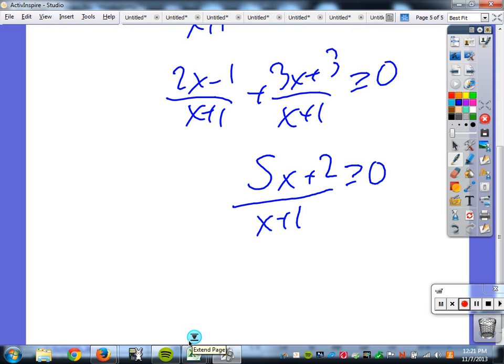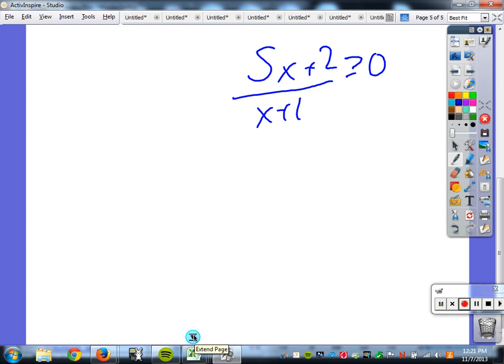Now, am I graphing? What was on my number chart when I did rational? Zeros was one of them. What else was on my number chart? No one remembers? Just zeros was on there? So in our case, negative 2/5.